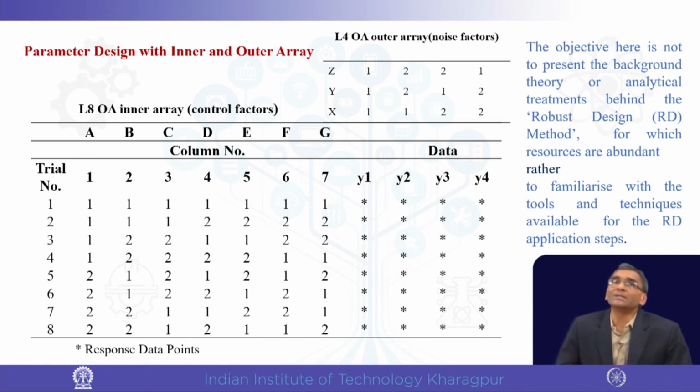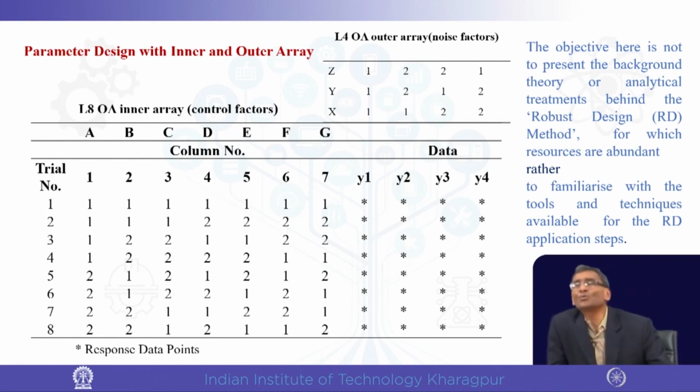Now, what we do is y1, y2, y3, y4, these are the responses, that is the result. If we conduct a study with these conditions, when the noise level is 1, 1, 1, 1, and all these are at level 1, these are the values.